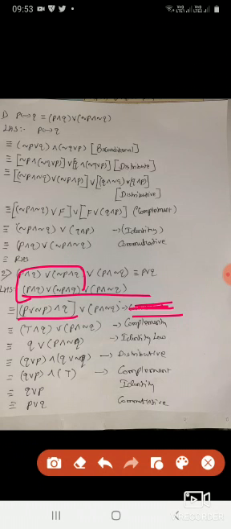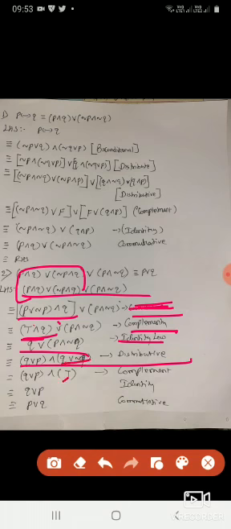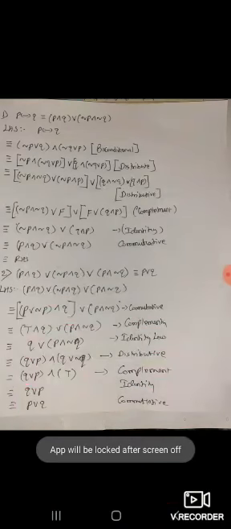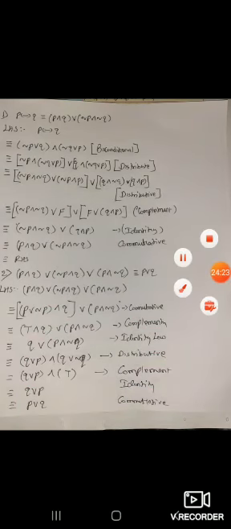Then we are using P and negation of P is equal to T. It is complementary. T and this one is identity. Once again we open the bracket, that is distributive. Then Q or negation of Q, that is true, complementary. Then true and any statement, identity, then commutative, we are going to get the answer. These statements are very important in this one. Thank you.